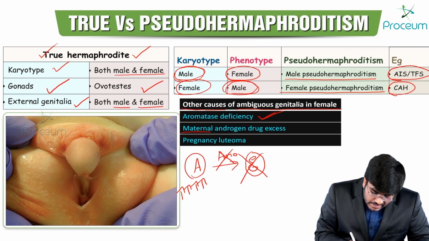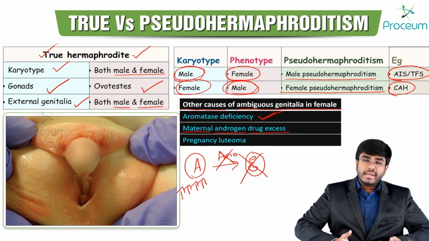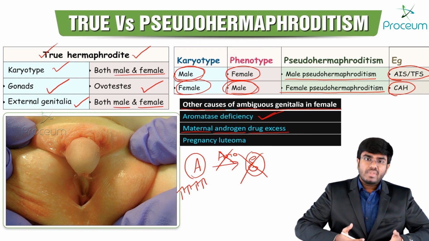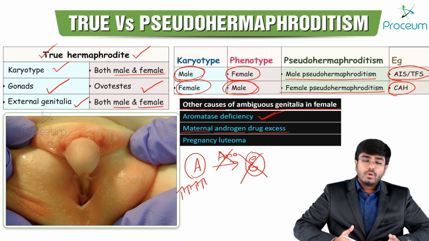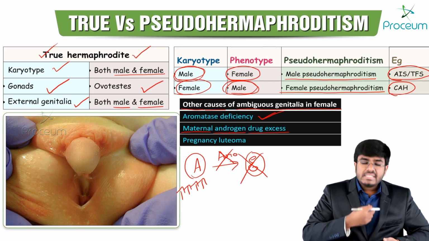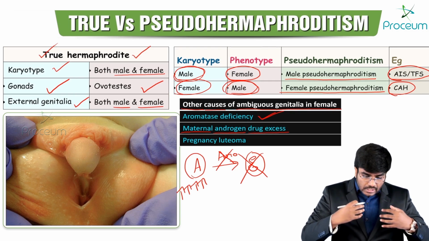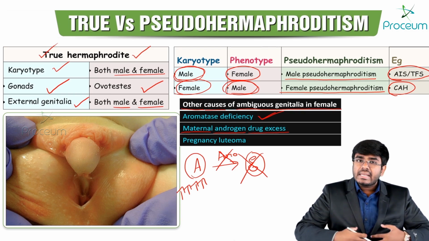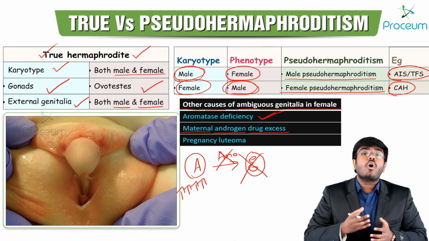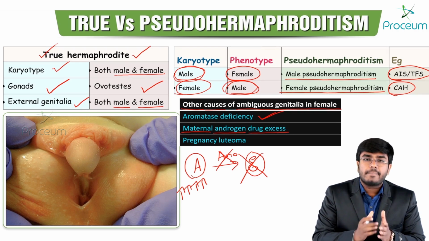And maternal androgen drug excess. See, mother is there and now she is pregnant. There is a pregnant lady and she is carrying a female fetus. Now, mother is taking excessive androgenic drugs, and these drugs are crossing the placenta and entering this female fetus, and in this female fetus, they are causing virilization, leading to ambiguous genitalia.